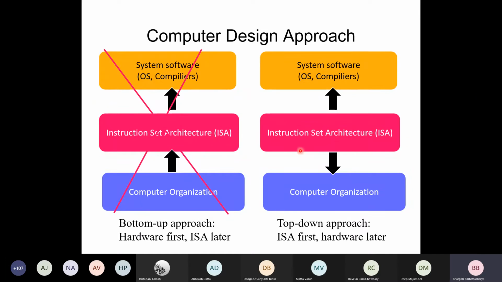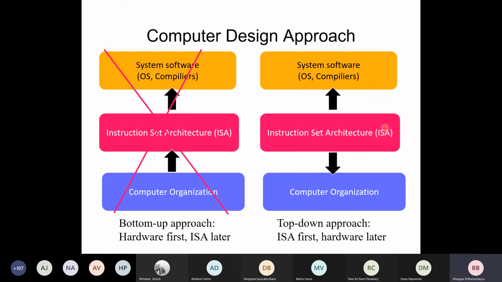So this is the starting point. Remember, I told you where to start from. This is the place where you should start from in designing a very large machine. You start from instruction set architecture. Think of your architecture and instruction set first, that you want a machine which would be able to support this kind of instructions, and then ask the hardware engineers, I need this kind of architecture, please design the computer organization, the hardware below it.